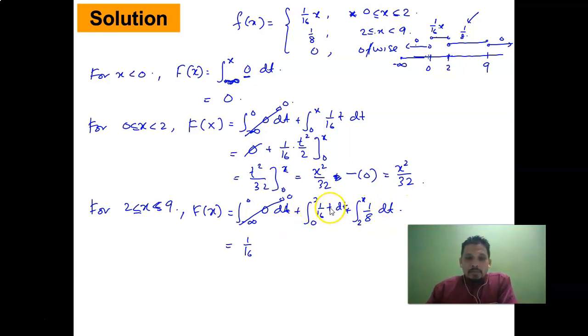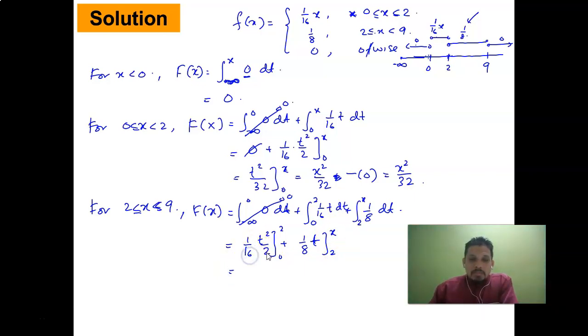So the integral of t dt equals t square over 2, plus 1 over 8, the integral of 1 dt gives t here. For this, from 0 until 2, and this one here from 2 until x.